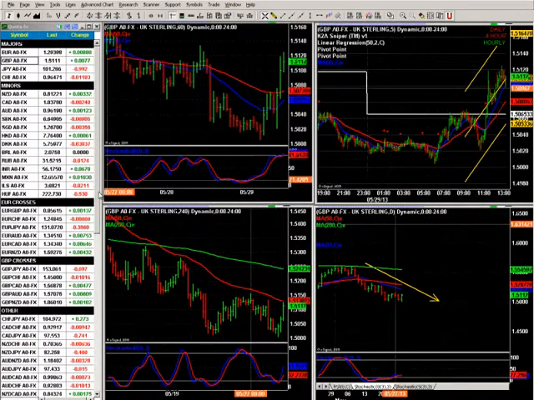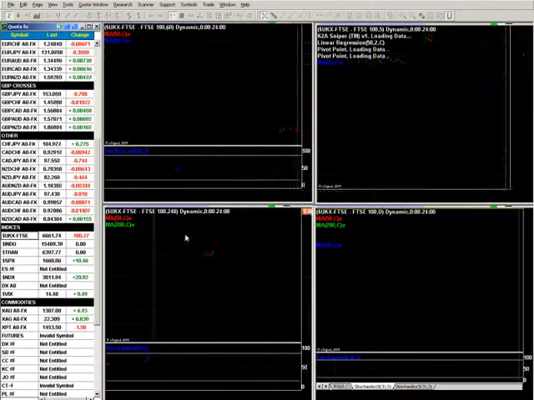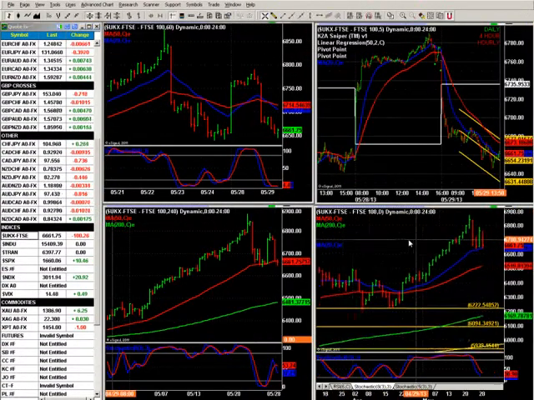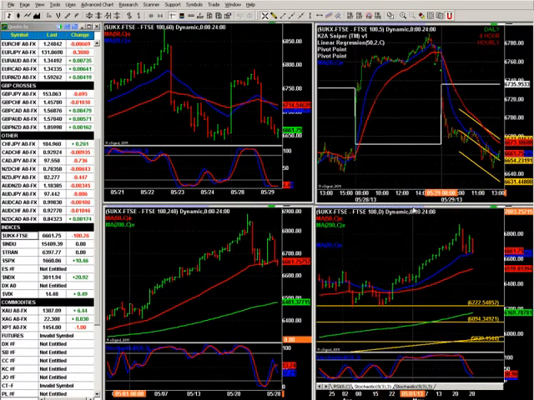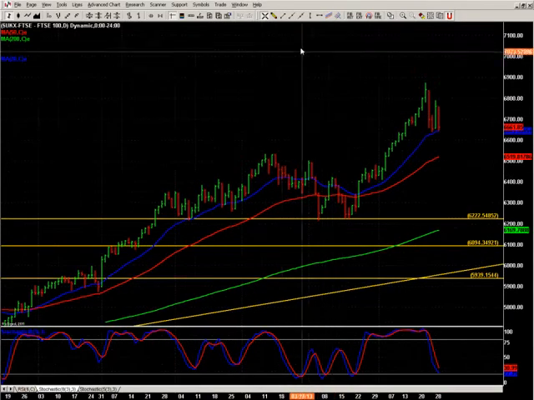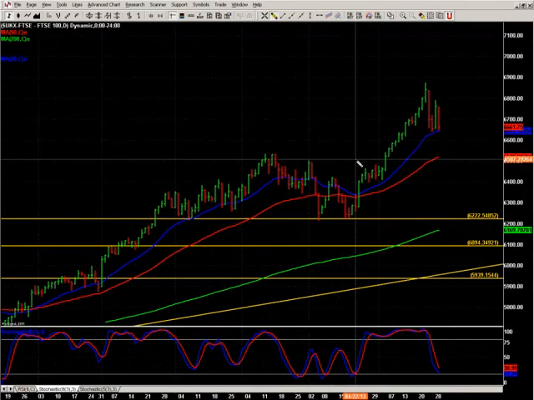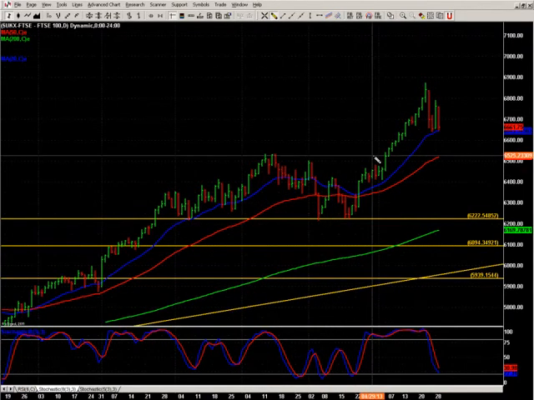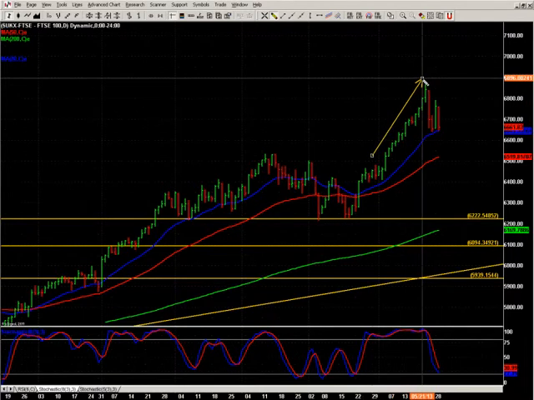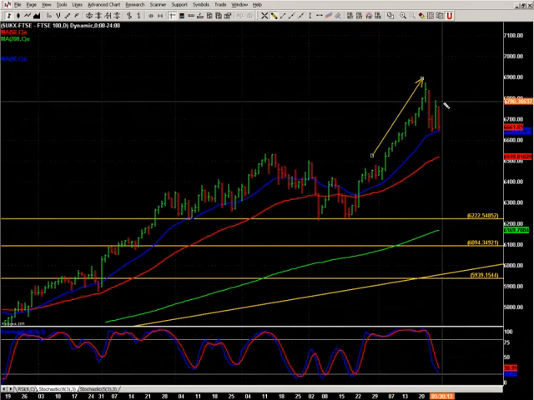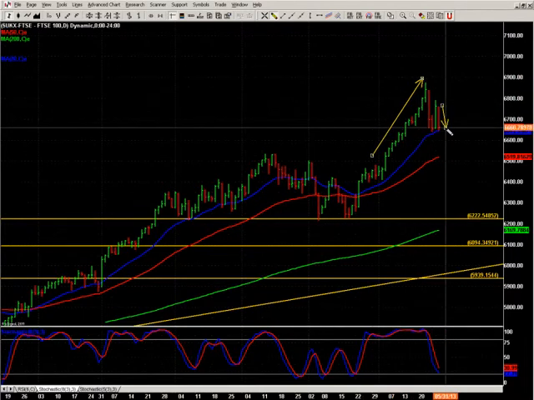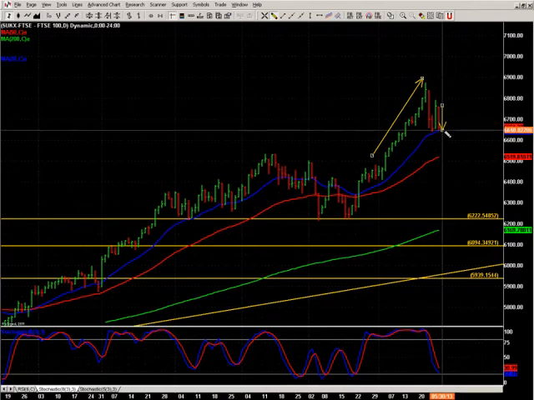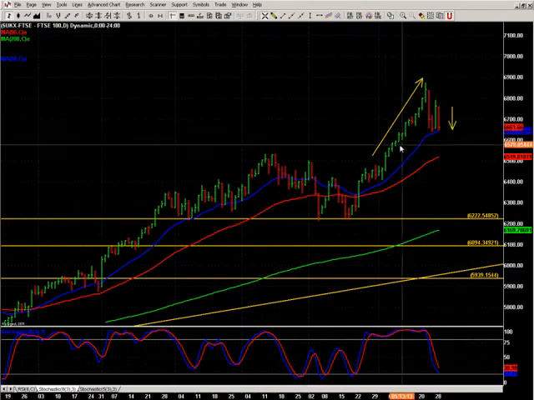Fine. Let's go to the FTSE. We can see here clearly that throughout May it's been going up, then reversed a little bit, and today we have a seller bar there. So it's actually doing the opposite, isn't it?